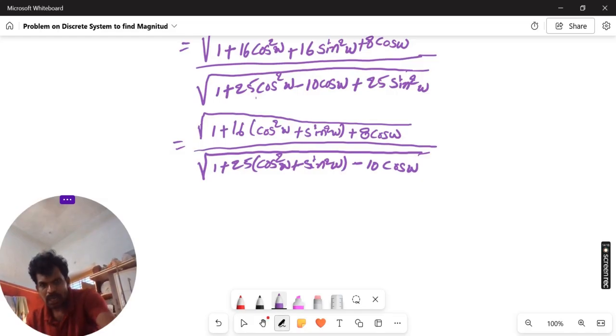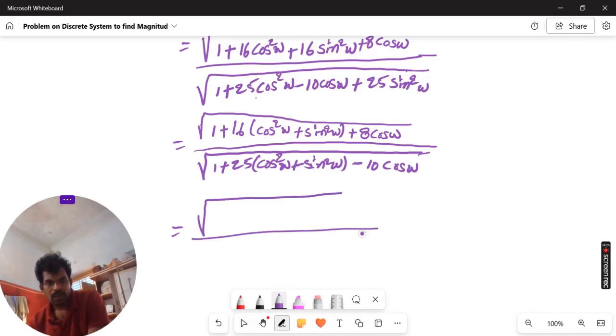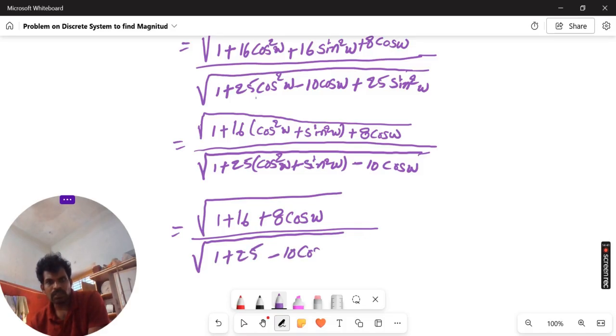Okay, so we know that cos square theta plus sin square theta value is 1. So cos square omega plus sin square omega value is 1. So square root of 1 plus 16 plus 8 cos omega, in the denominator square root of 1 plus 25 minus 10 cos omega.